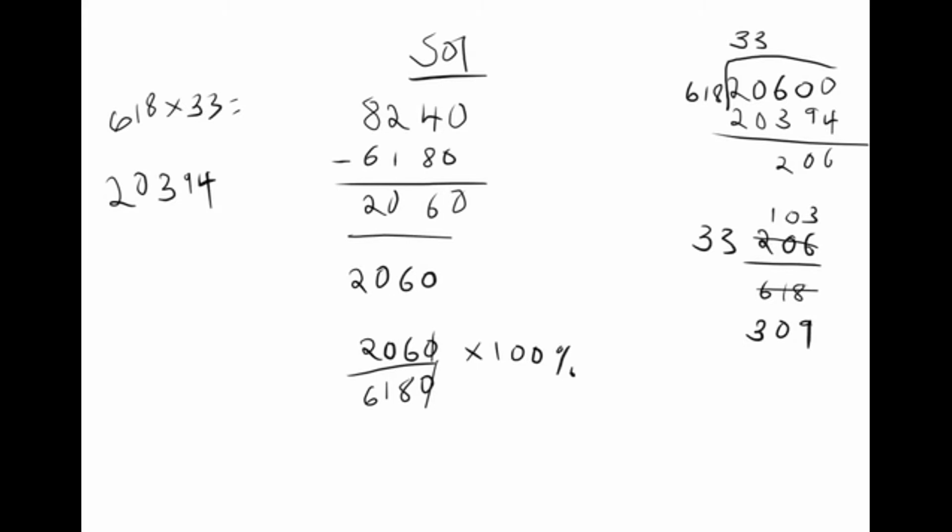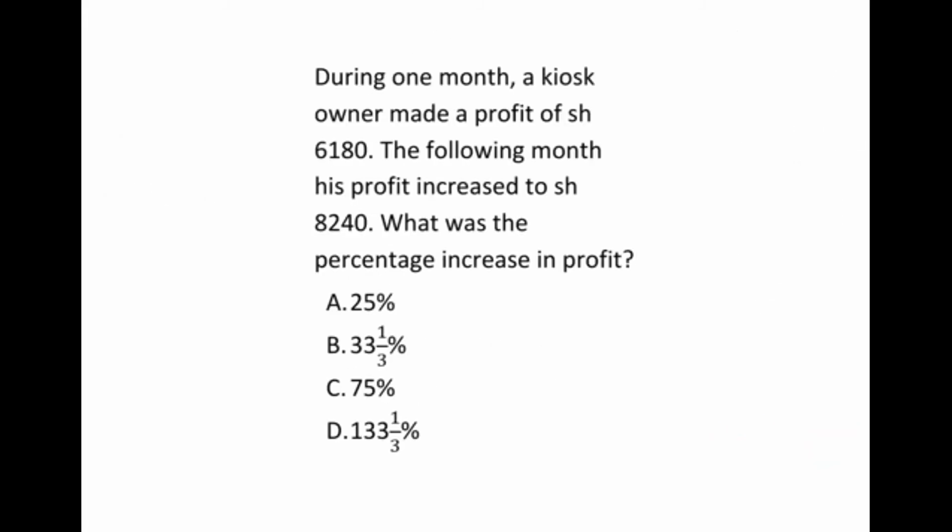Then by 103, we get 1. 309 divided by 103, we get 3. Therefore, we have 33 and 1/3%. Therefore, our correct choice is B, 33 and 1/3%. That was the percentage increase in profit.